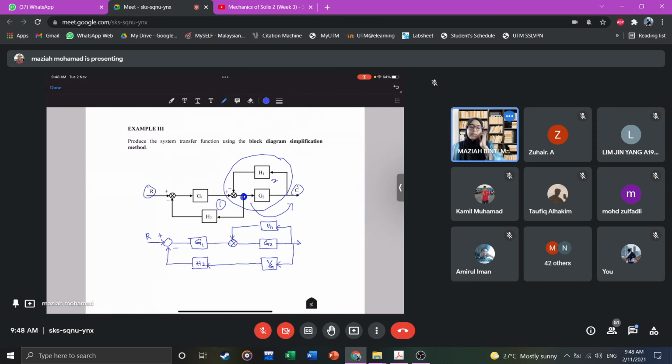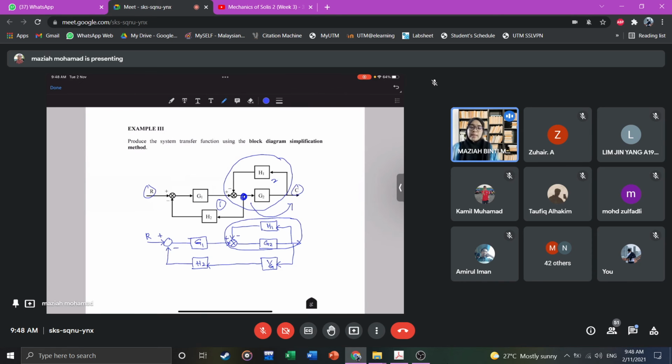All right, so now we can solve the first loop here. Try to use the equation, try to combine it. The sign is minus, this one is plus.